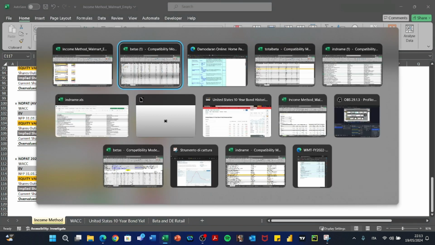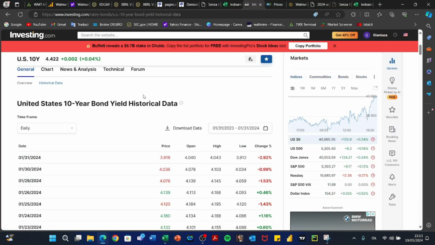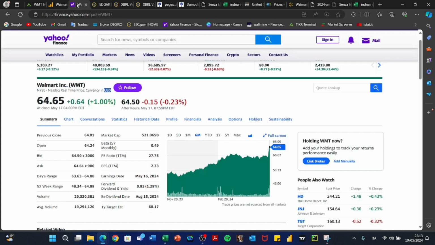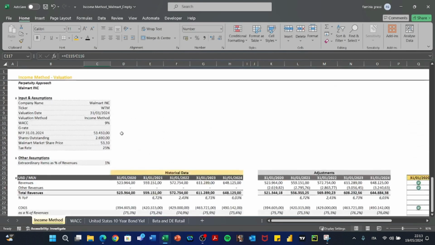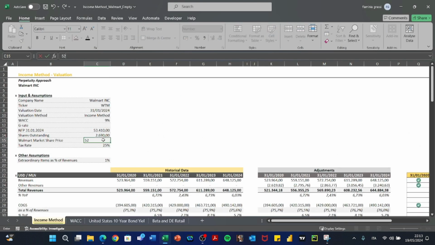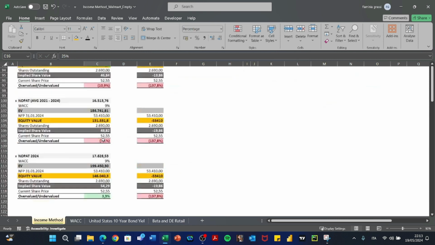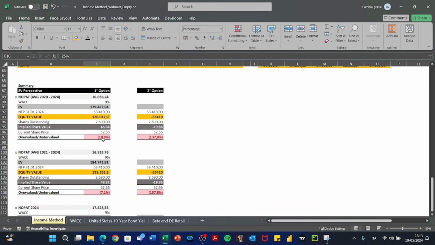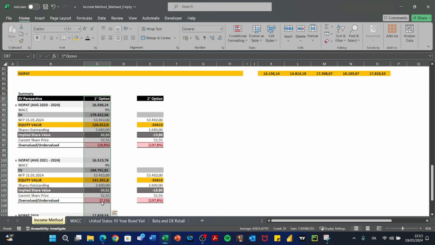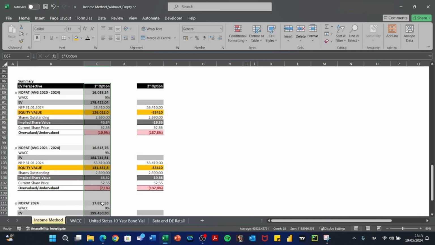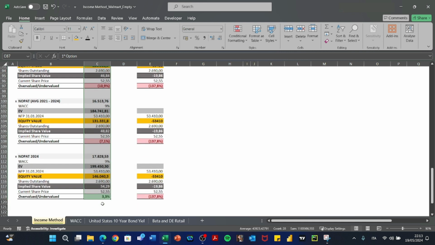Considering that the actual market share price, I remember, was a bit different, it should be 52.55. Okay, so according to this first formula, we are slightly undervalued compared to the market.